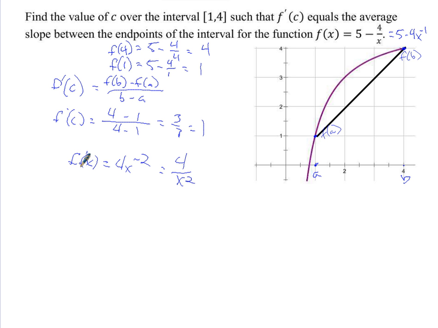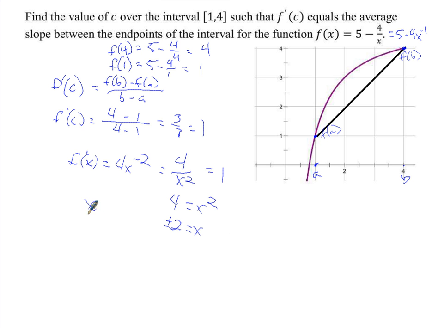So now we got to plug in 1 here. Yeah, we're setting it equal to 1. We're taking our slope of 1 and we're saying, where is my function having a slope of 1? So set it equal to 1, solve for x. 4 equals x squared, square root both sides, x equals plus or minus 2. Well, -2 is not on my interval, but +2 is.